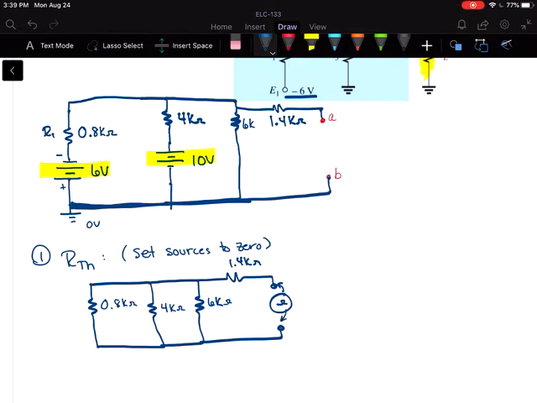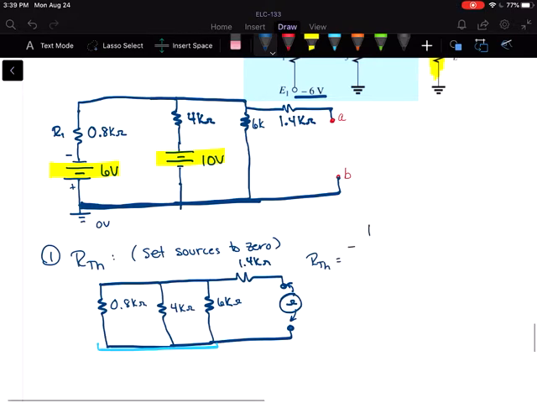As you can see, we have 3 resistors in parallel, and then I'm going to add those to the 1.4K. So my R Thevenin, which is our total in this case, would be 1 over 0.8K plus 1 over 4K plus 1 over 6K, all inverted, and then we're going to add 1.4K at the end.